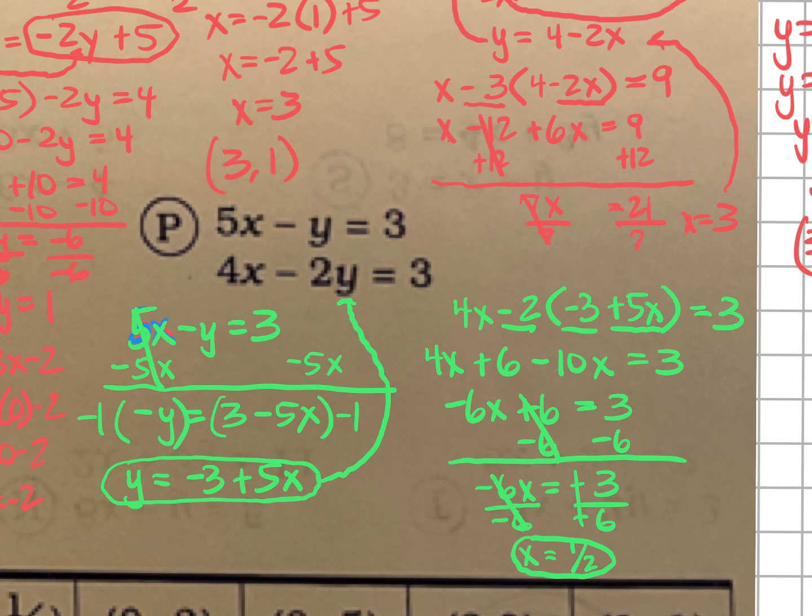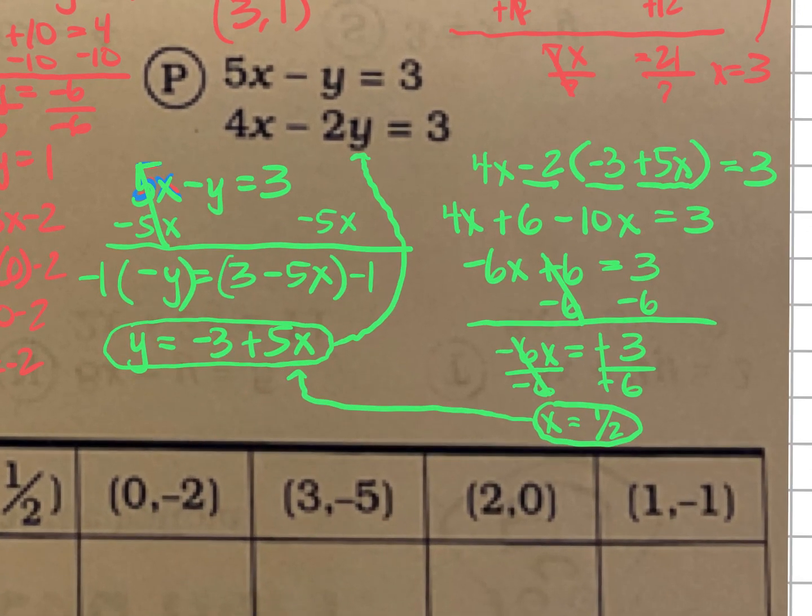Okay, let's see. I'm going to go up over to here, I guess, and say y equals negative 3 plus 5 times 1/2. Ew, this is gross. y equals negative 3 plus 5 halves.